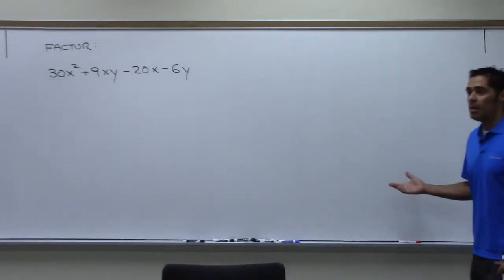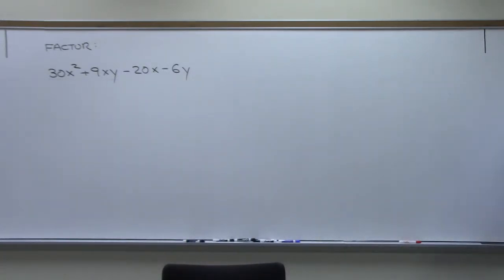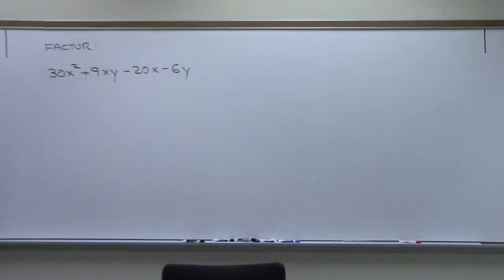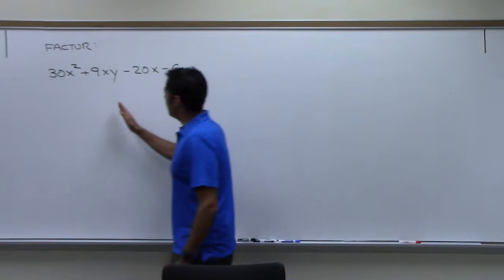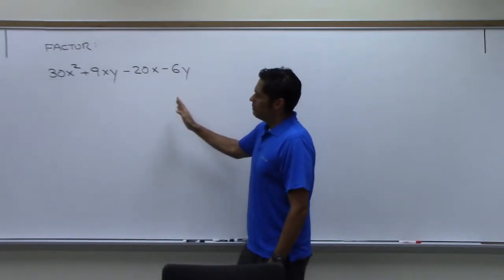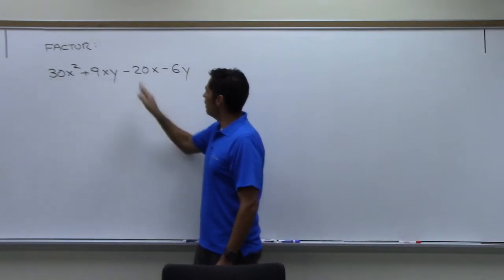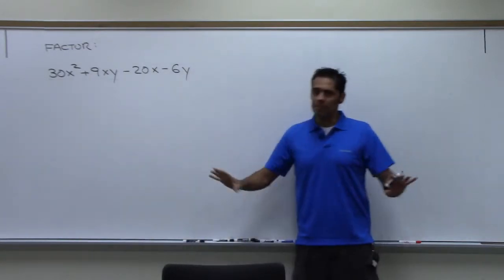So when it comes to factoring, I'm going to write this down on the side. You're not going to be able to see it on camera. But when it comes to factoring, the first thing we always try is what? GCF. We always see, is there a greatest common factor? So do we have a greatest common factor here? Start with the numbers. Is there a number that goes into 30, 9, negative 20, and negative 6, all at the same time?